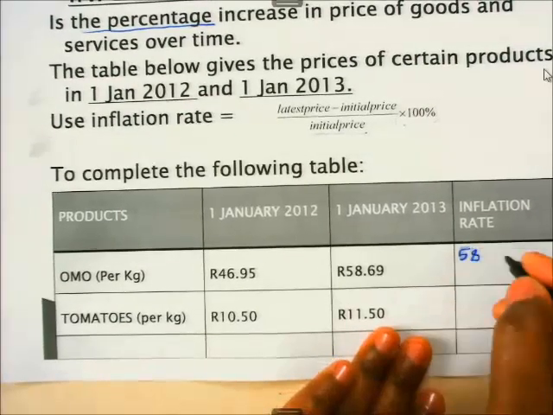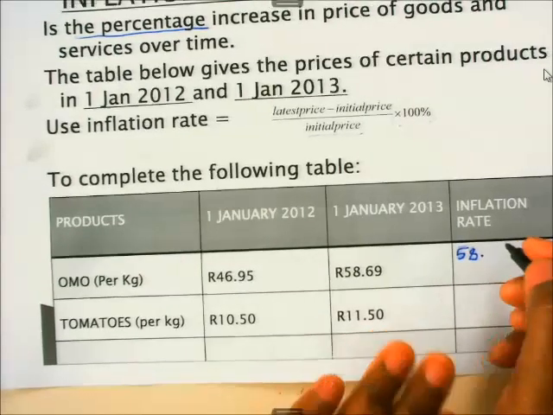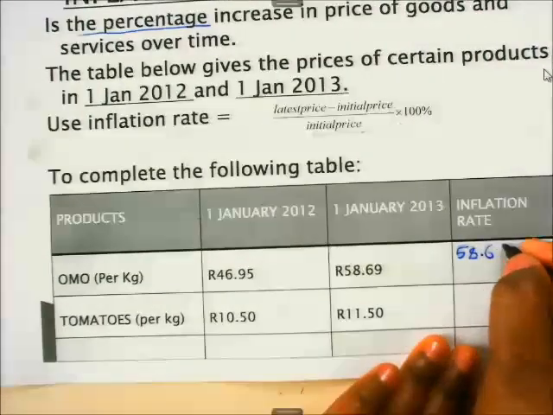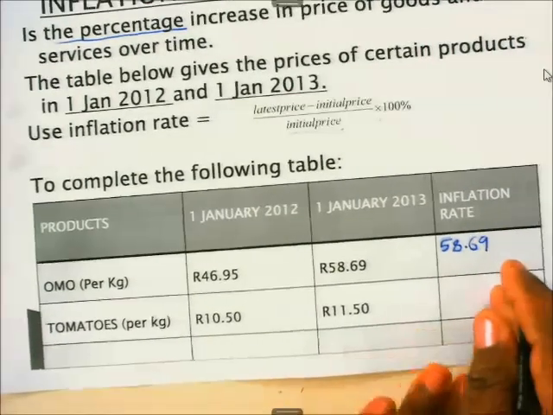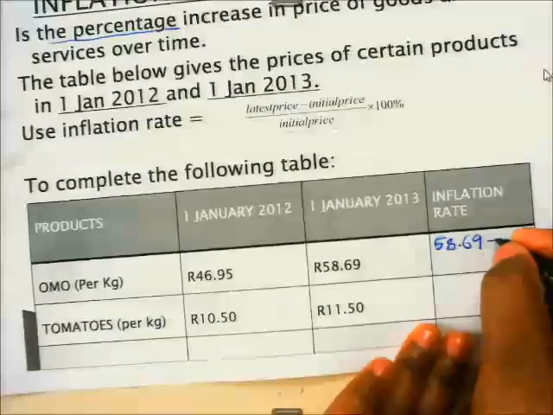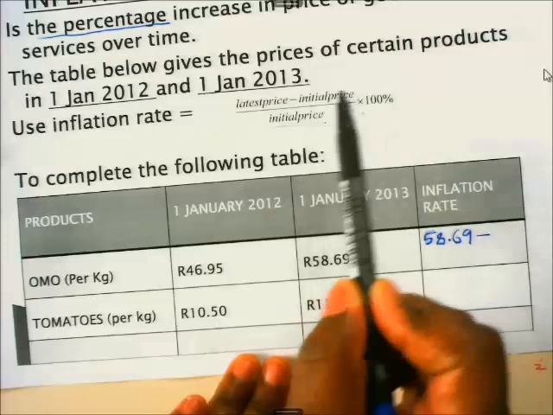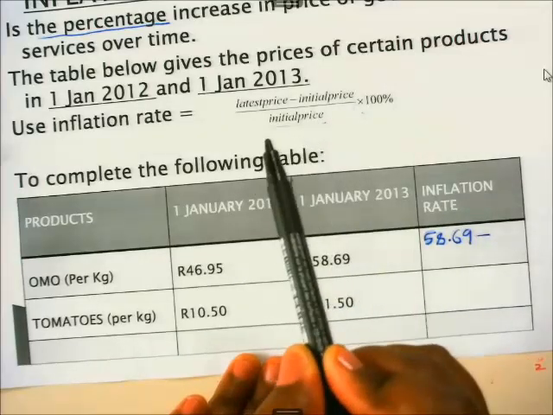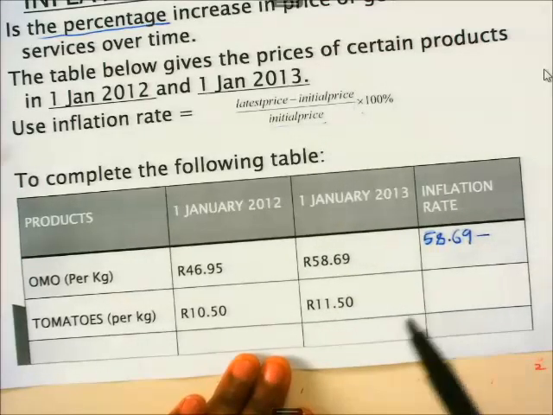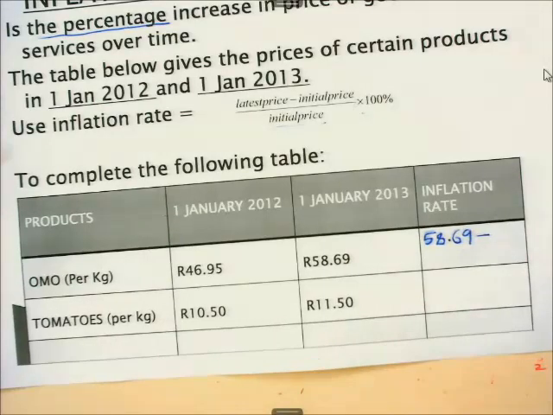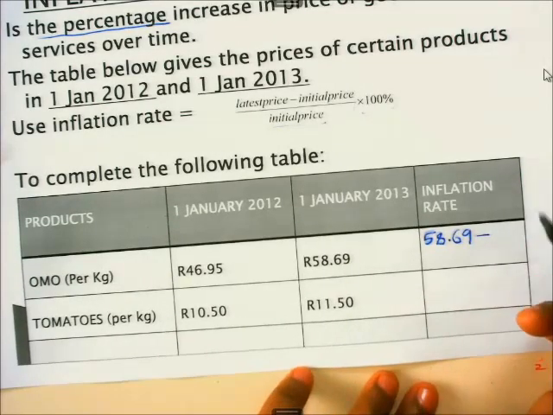In this case, our latest price will be 58 rands. We write down 58 rands 69 cents. And then minus, they say in the formula, minus initial price. Initial price is the price during 1st of January 2012. How much was 1 kg of Omo on the 1st of January 2012?